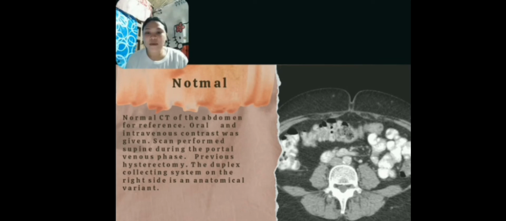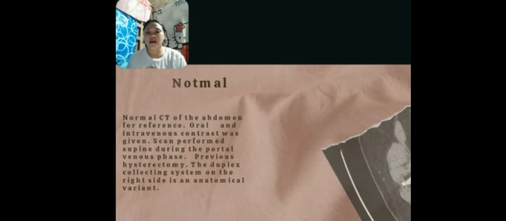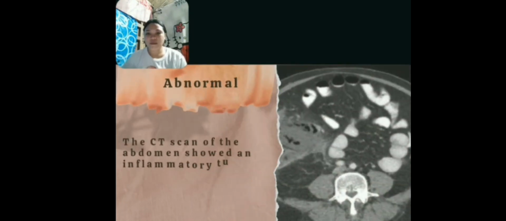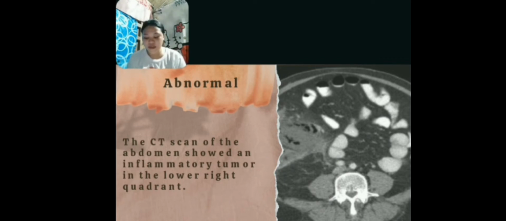Previous hysterectomy, and the duplex collecting system on the right side is an anatomical variant. The abnormal CT scan of the abdomen showed an inflammatory tumor in the lower right quadrant.